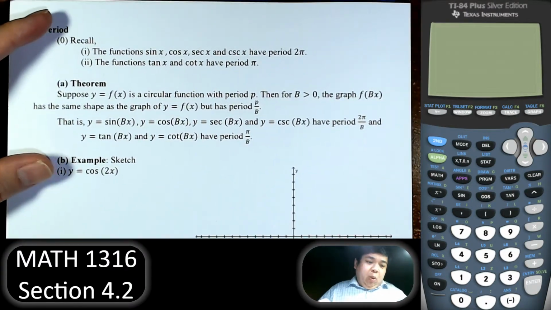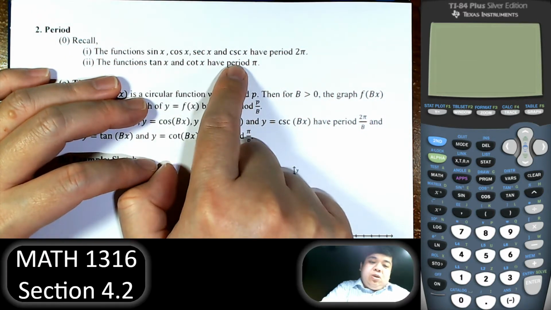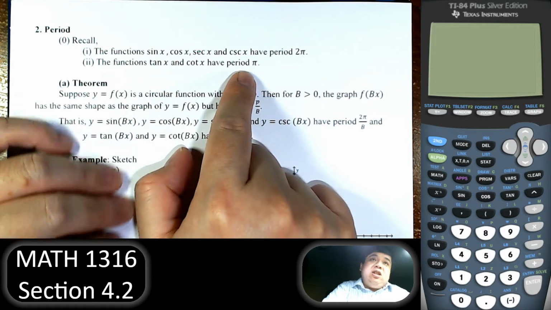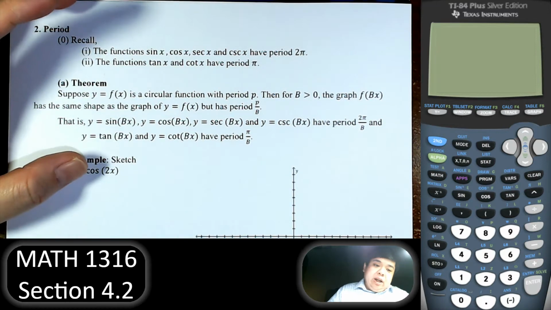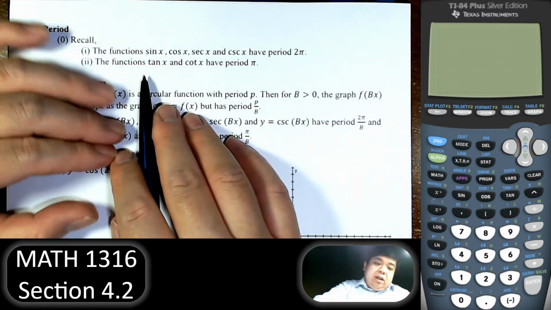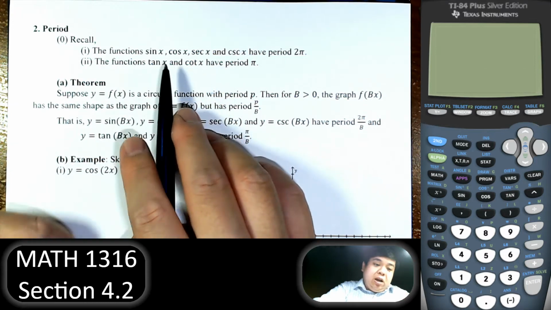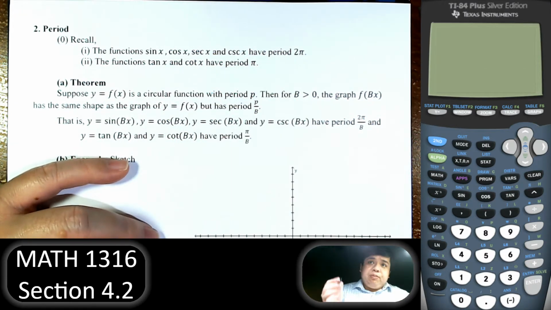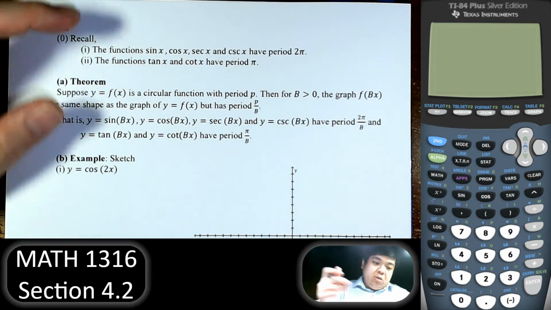Recall that the functions sine x, cosine x, secant, cosecant have the period of 2 pi, and tangent and cotangent have the period of pi. We did this in the previous section. This is just a review.